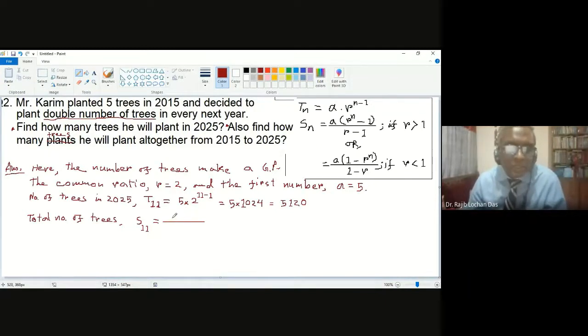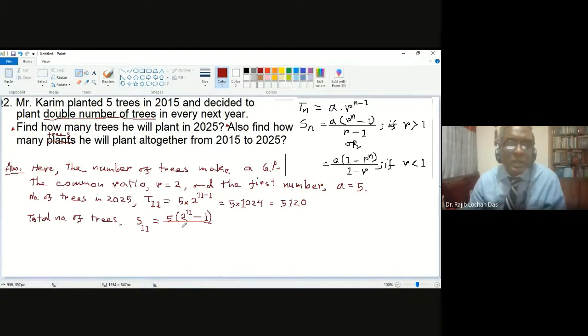It is correct because in this case r is 2, that means r is more than 1. So you apply the first formula. So you write 5, then bracket, then 2 to the power 11, and then separately minus 1.